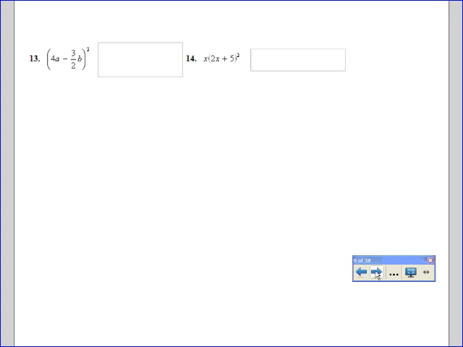Alright, number 14. The 14 is a little bit different, because we're still going to start with this part of the problem, which is the 2x and the 5. Again, 2x, 5, 2x, 5.